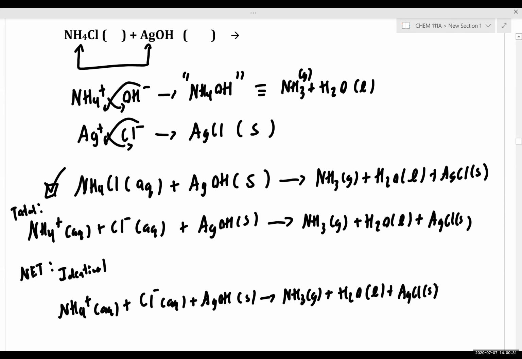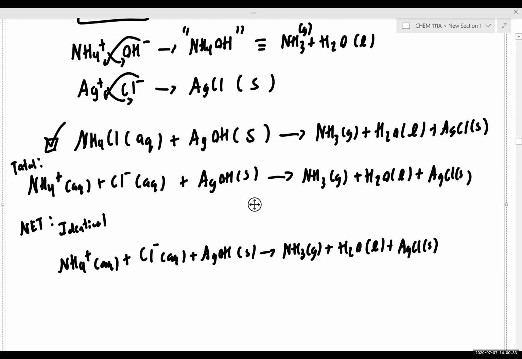Perfect. So here are our total and net ionic equations. They look identical in this case. Does this example make sense to everyone so far? Any questions so far on this example?